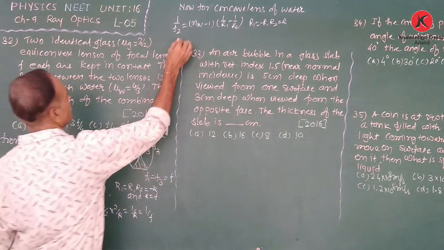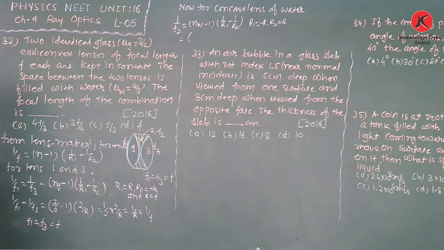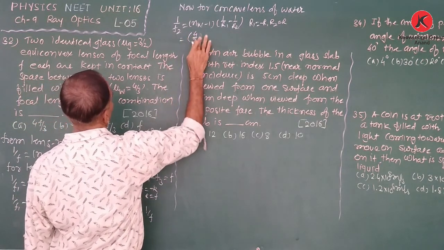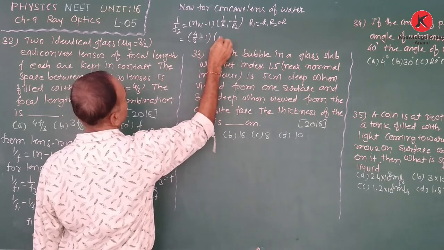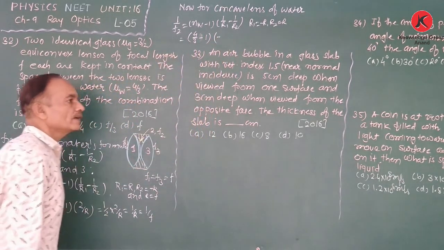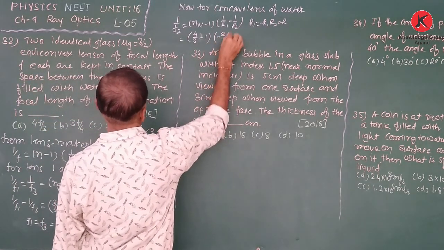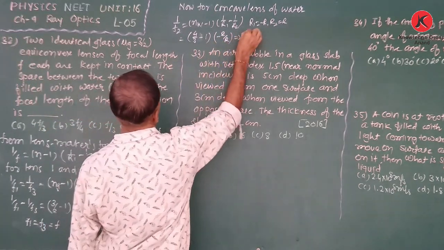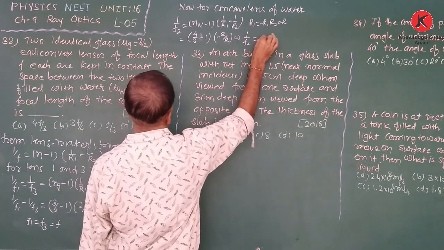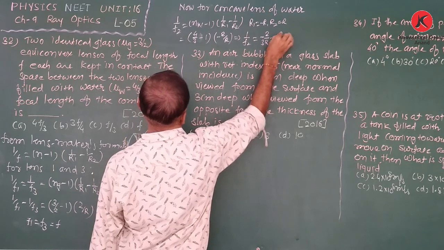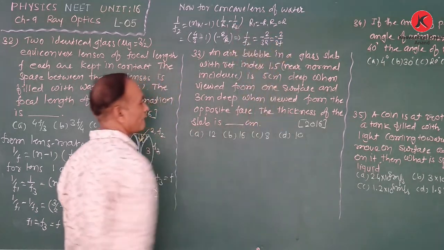Now we substitute the value. For water, 4 by 3 is given. 4 by 3 minus 1, into minus 2 upon r. As we simplify it, we obtain 1 upon f2 is equal to minus 2 upon 3r, is equal to minus 2 upon 3f.